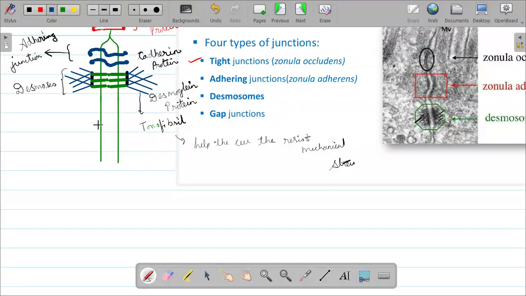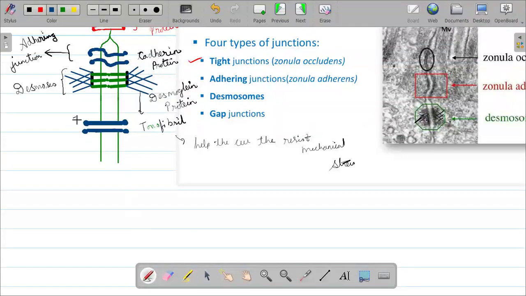Last but not the least, we have another important junction. This one is called the gap junction, which is not shown in the given diagram.